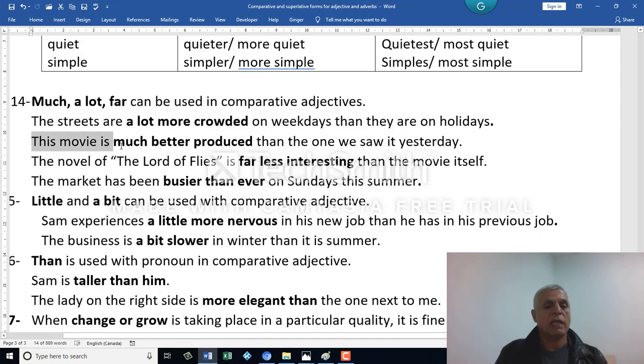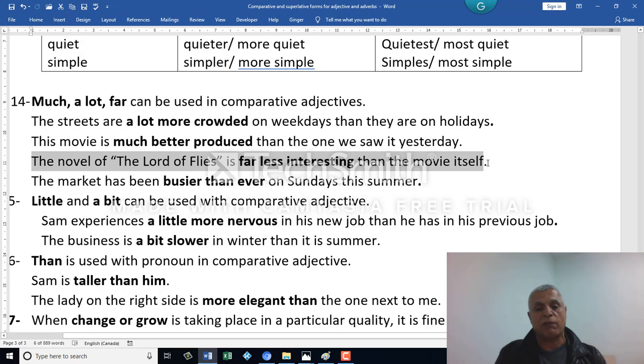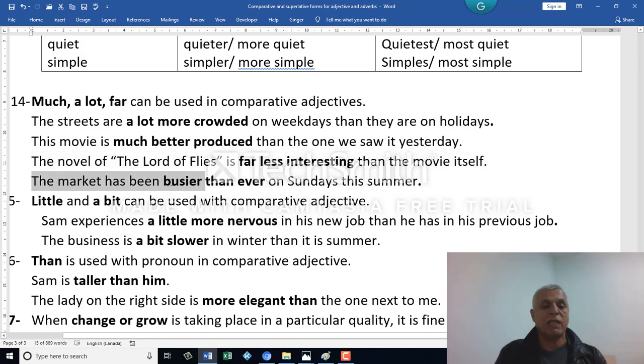This movie is much better produced than the one we saw yesterday. The novel of the Lord of the Flies is far less interesting than the movie itself. The market has been busier than ever on Sundays this summer.